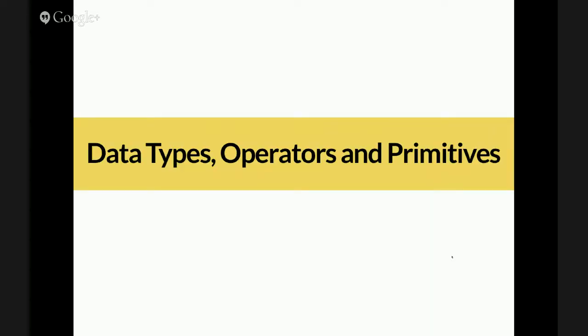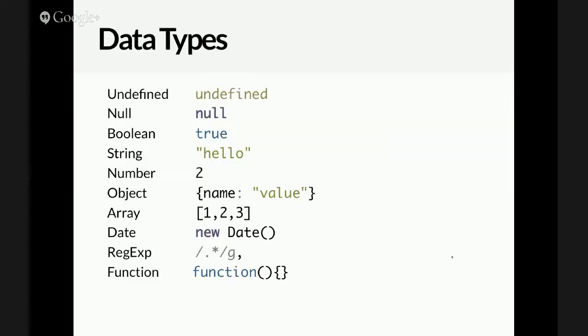So as I said, today we're talking about data types, operators, and primitives. What that means is every language has data types. These are JavaScript's data types. Data types you can think of as the chemistry. They're like the elements in a periodic table that you combine to create your application, to create life, if you will.